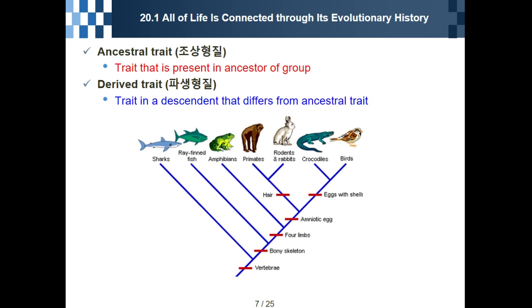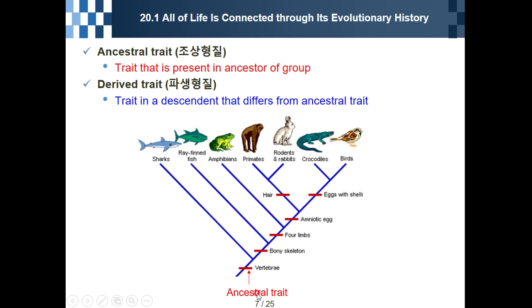Okay, now we have to know some important terminology: ancestral trait and derived trait. Okay, so for example, this one was the ancestor. They have a common ancestor, and they divided into shark and ray-finned fish, amphibians, primate, rodent, crocodile, and birds, like this.